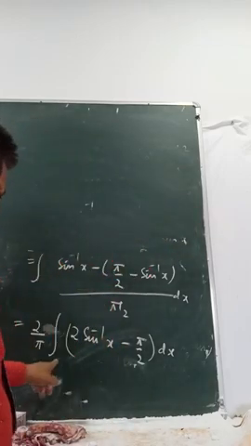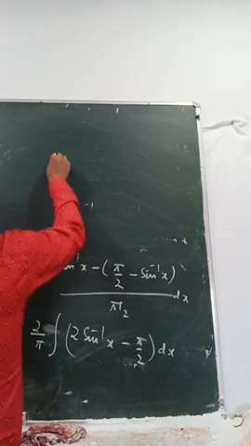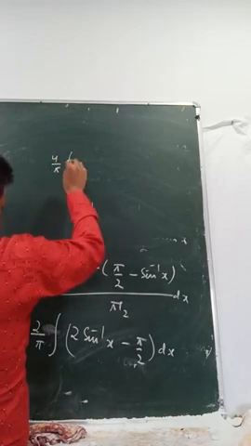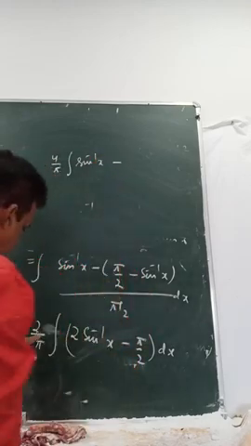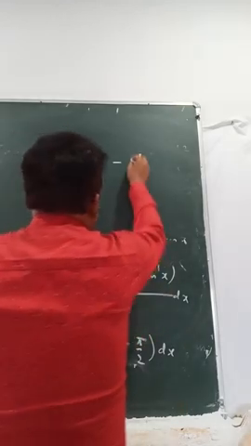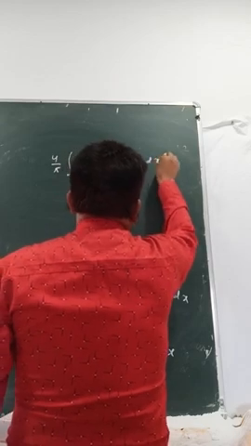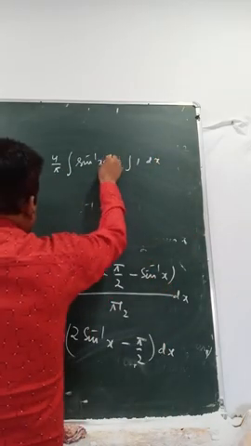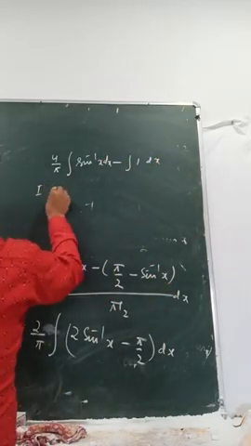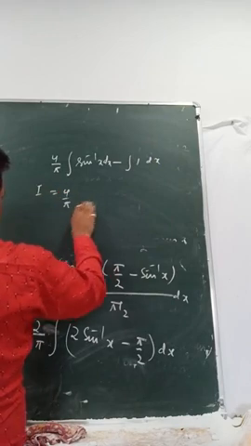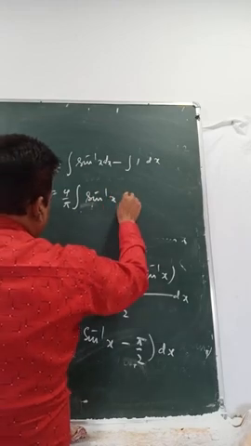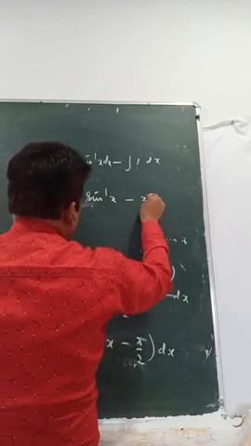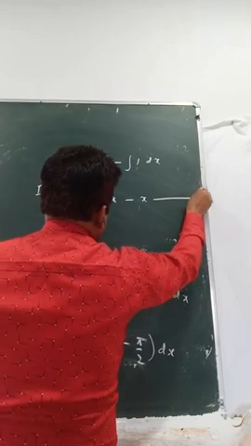This will be 4 by pi integration of sin inverse x, the pi by 2 part gets cancelled, leaving 1 dx. So I equals 4 by pi times the integral of sin inverse x minus x. This is equation number 1.